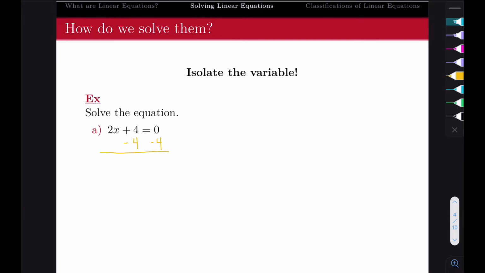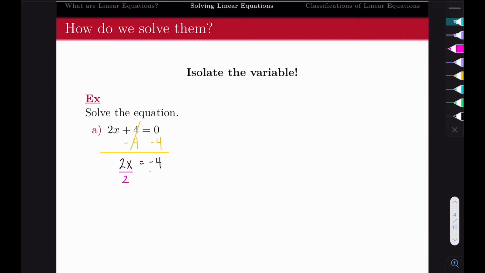And then we'll go ahead and simplify the equation from here. So the 4's end up canceling each other out. That leaves us with 2x on the left and negative 4 on the right. Now here, I still don't have x by itself, so I need to get rid of that 2 out front. And currently it's 2 times x, so what undoes multiplication is division.